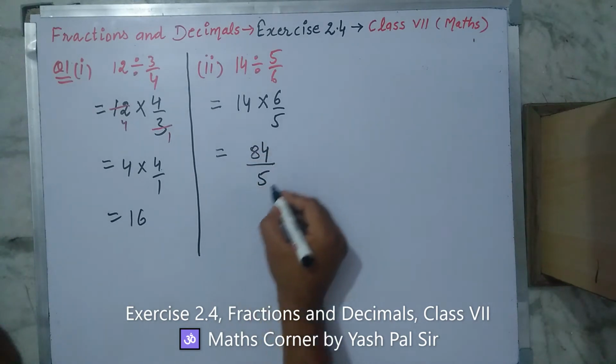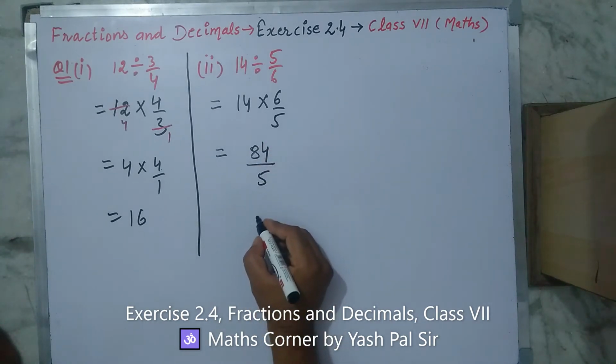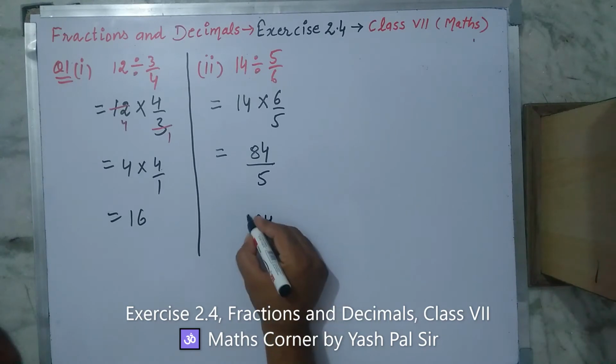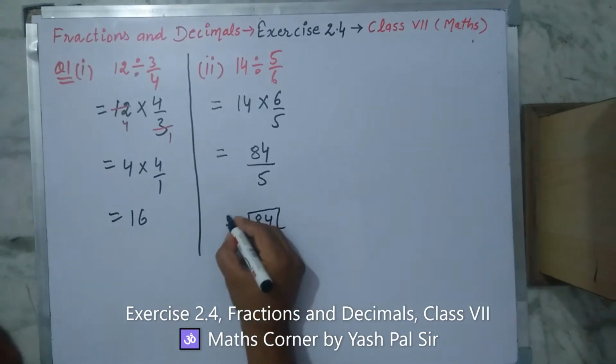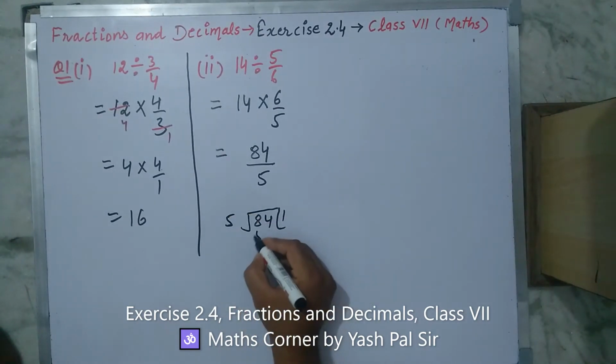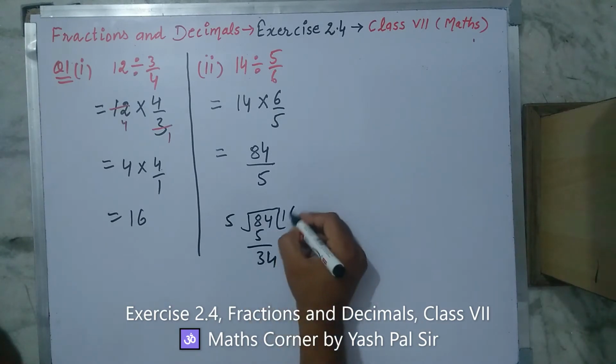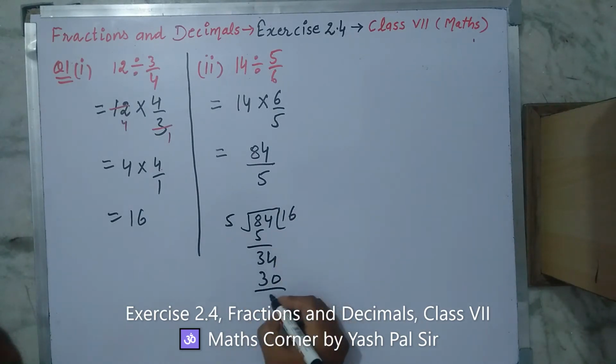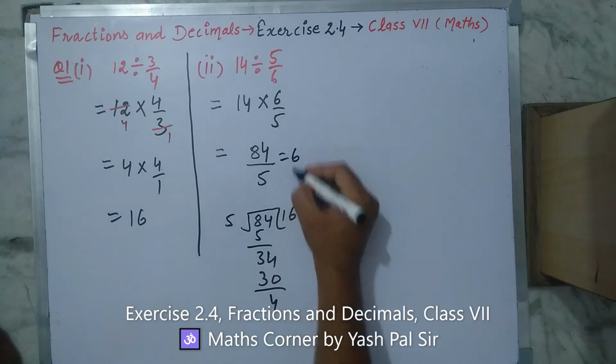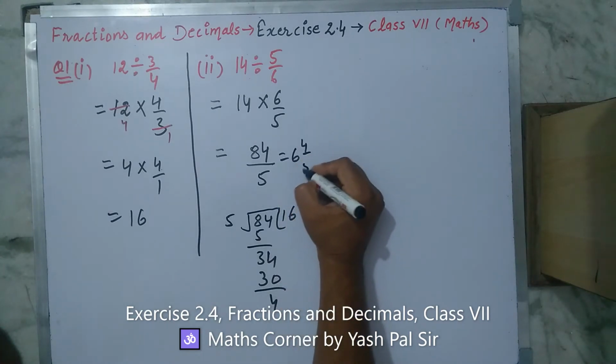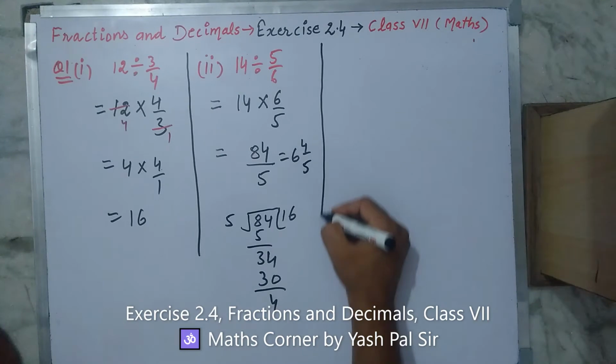Now this is an improper fraction, so we can divide 84 by 5. 5 ones are 5, 5 sixes are 30, remainder 34. So we write it as 16 and 4 upon 5. So this is the second part.